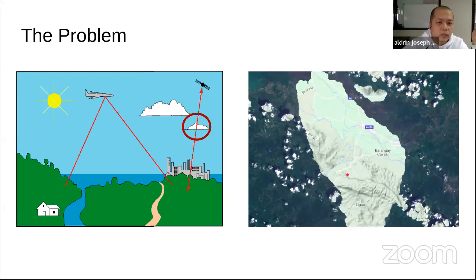Okay. So given this, what's the problem? Some sensors are sensitive to cloud interference. This renders an image taken by a satellite unusable. Since this is a satellite, it has a fixed orbit or fixed number of days where it comes back to this area again and takes an image.